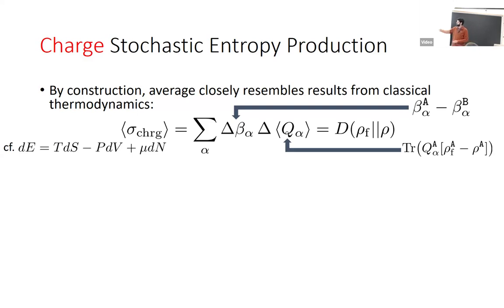If we stare at this a little bit, it's very similar to what we have here, in that this dS is related to a 1 over T dE, or a beta dE, and similar terms for every extensive quantity, so volume, particle number, or whatever the delta Q's are in your case. Except it's worth noting that the fundamental relation is only valid for infinitesimal changes. This formula holds arbitrarily far from equilibrium. The delta beta, delta Q do not necessarily have to be small.